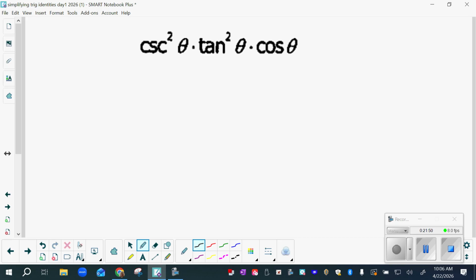So cosecant is 1 over sine squared. There's 2 of them. If you want to write sine, that would be awesome. You don't have to. Tangent's going to be sine on the top, cosine on the bottom, and then you're going to have just another cosine.